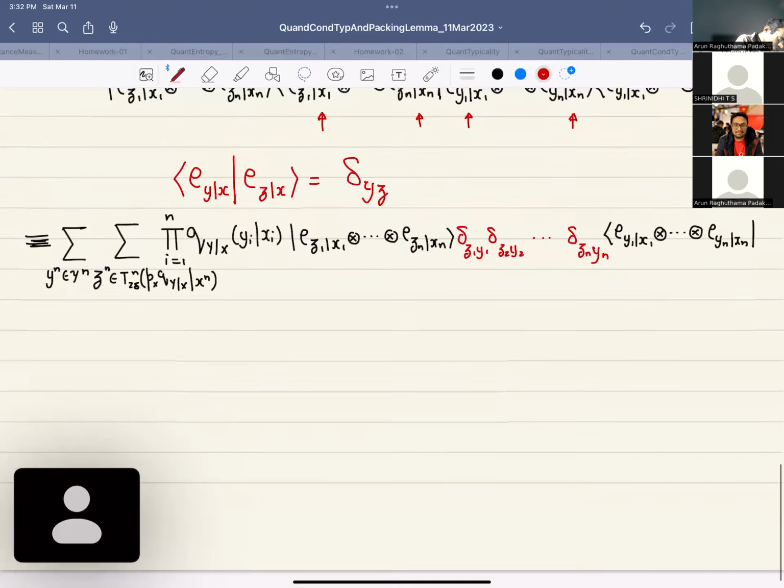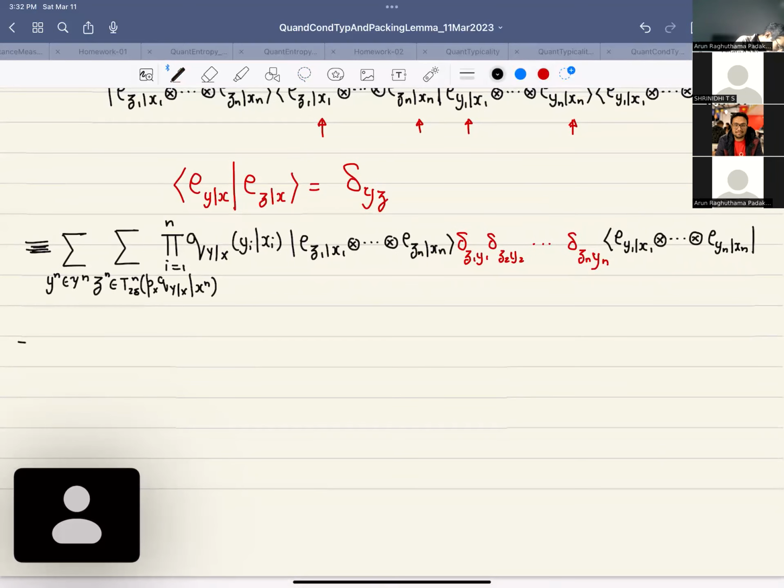So that squishes the summation, and I will have only one summation, sum over xn in T 2 delta n P_x, Q_y given x of xn. Now y equal to z.